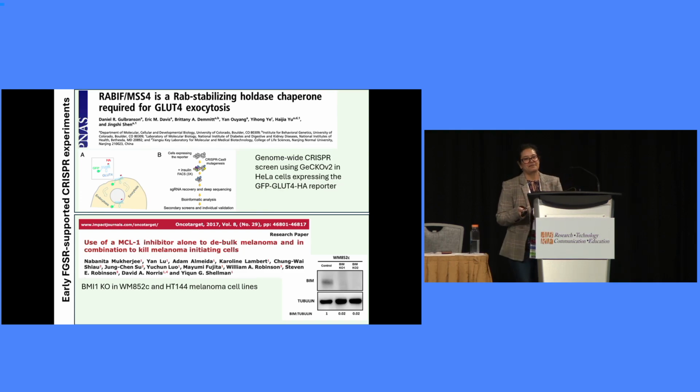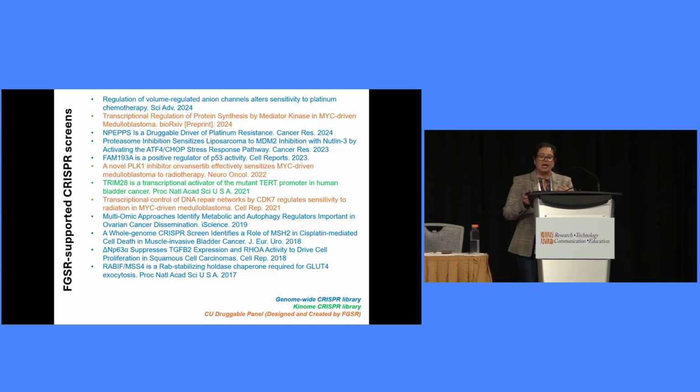Now I have at least one more person. But we have supported a lot of CRISPR screens, whether it is genome-wide libraries. And these libraries you can buy from Addgene, amplify them carefully, QC them with NGS, and provide them as pools of plasmid or virus. So we've done a bunch of those.